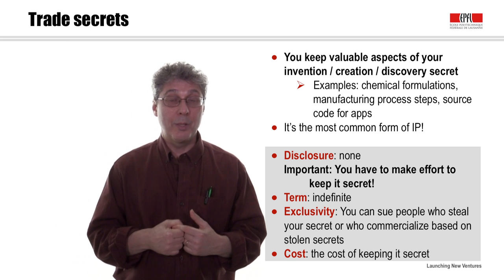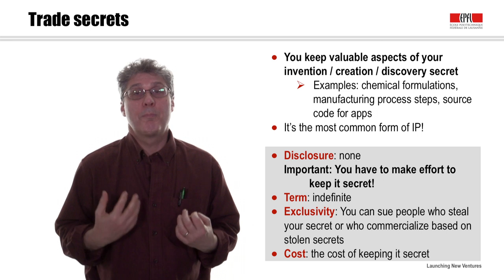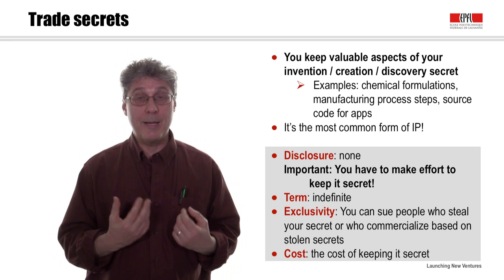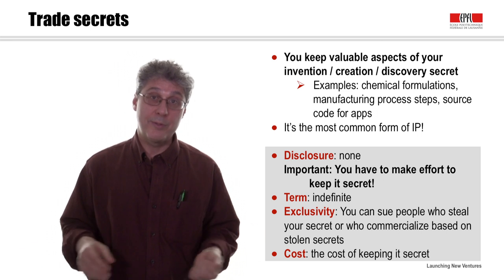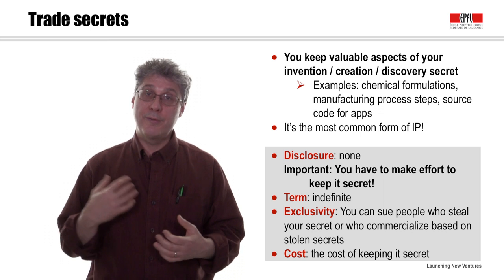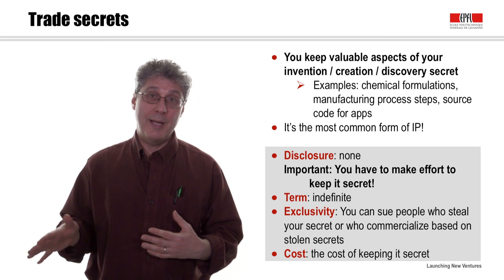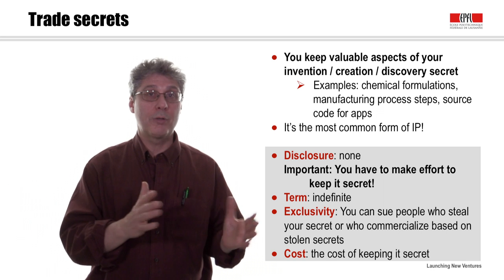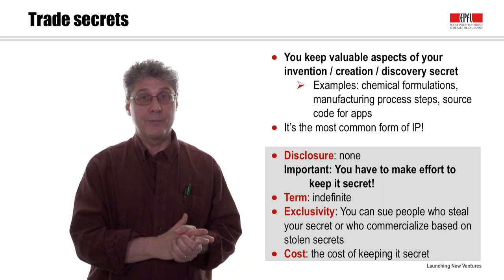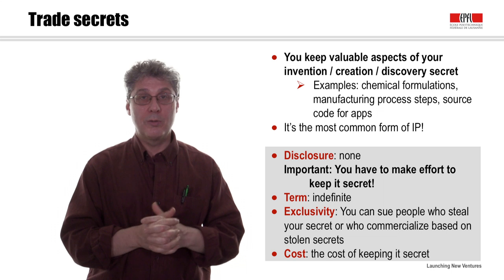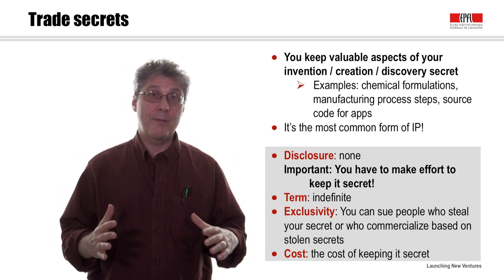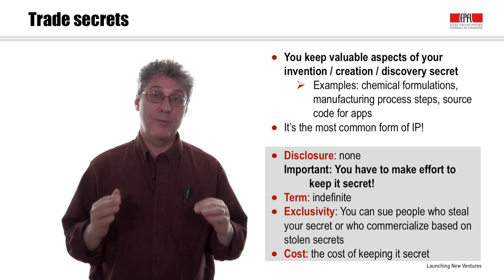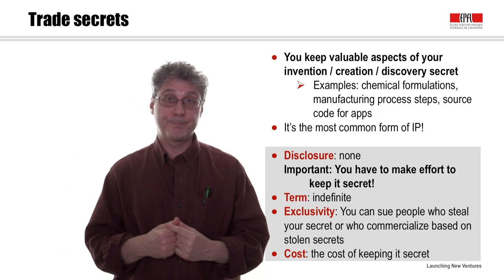This is the most important, or let's just say the most popular type of intellectual property. There's been lots of research on this, surveys for different companies and different industries, and pretty much across the board, except for some small exceptions, trade secrecy is the most popular form of intellectual property.